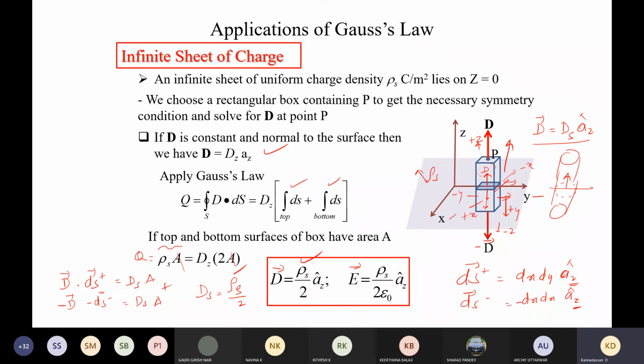Here the advantage of this Gauss law method is that we are going to choose a suitable Gaussian surface such that the desired results will come very quickly. In the case of Coulomb's law, we are supposed to consider all the directions because there is no definition for the surface or any desired direction.